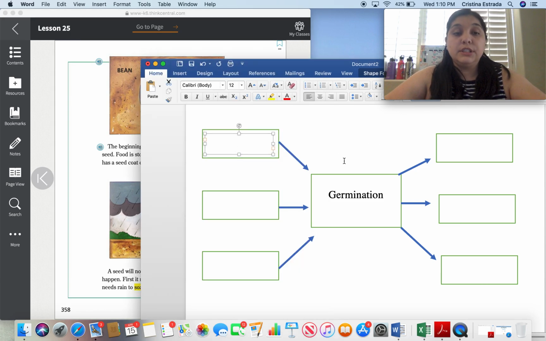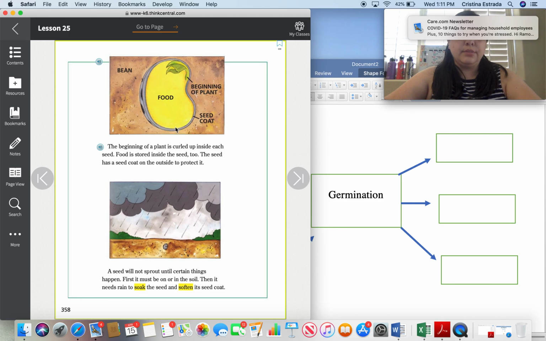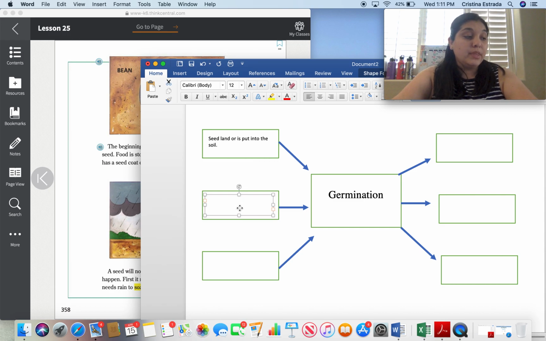But before this happens, I went back and I said, so what happens first to the seed? So first, the seed lands or is put into the soil, and that's what it tells us here, that each seed lands on the soil first, and then once it's there, the soil gets soaked by rain or water, or watered by someone, and the seed is softened.